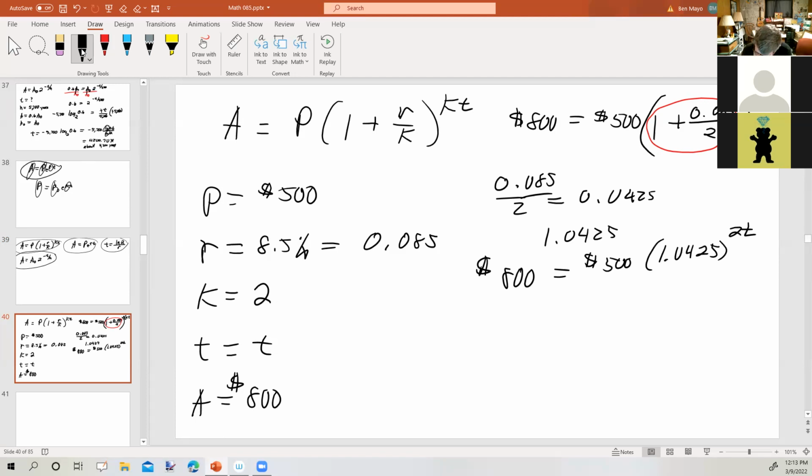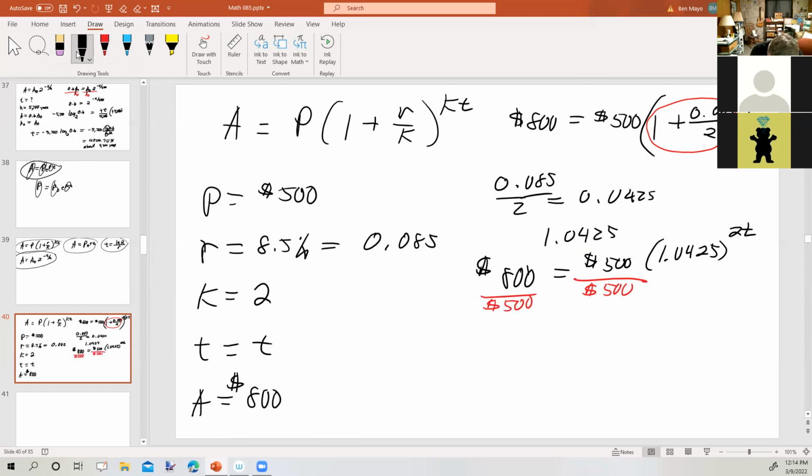Now, there's a problem here. I can't change this in its current form into a logarithmic equation because there's this number out in front of the base. So what am I going to do? Well, I'm going to divide both sides by that $500.